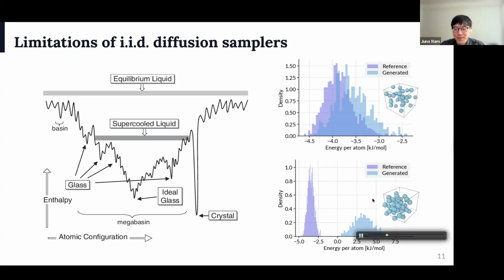But for solid systems, usually the Boltzmann distribution is very confined in very narrow crystalline minima. So in order to get into this very narrow minima just from the random noise, we have to be extremely lucky.